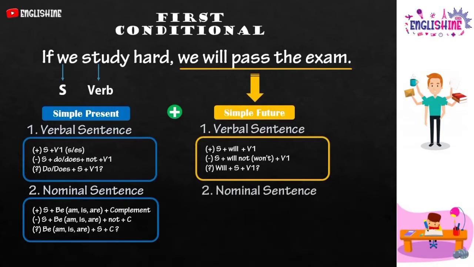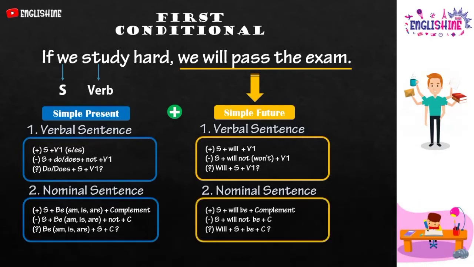And the second is nominal sentence. Here are the formulations how to make it. There are positive using will be plus complement, negative just add not after will, and interrogative moving will plus subject and be in front of the sentence.